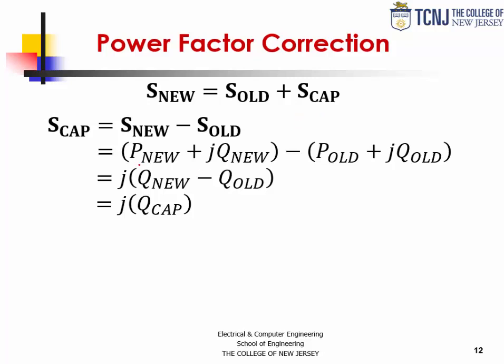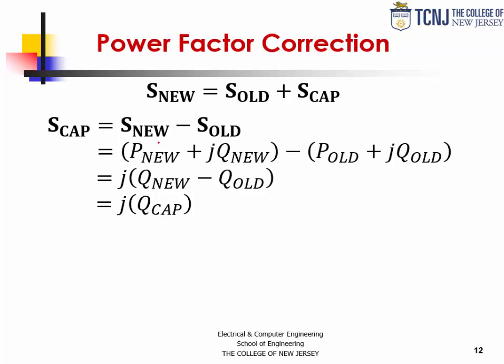So we're going to have the new real power plus the new Q, the new reactive power, minus the old real power plus the old reactive power. We're going to calculate the power due to that capacitor that we're going to add as the difference between the new complex power and the old complex power that we had.